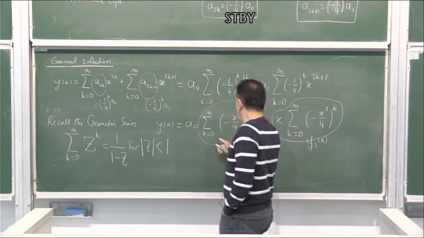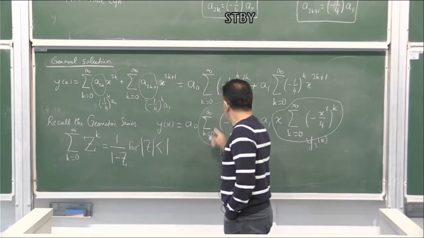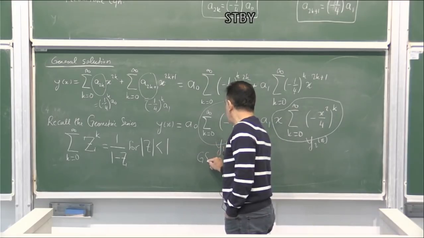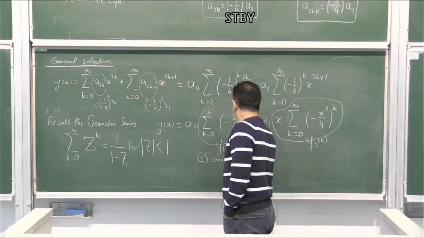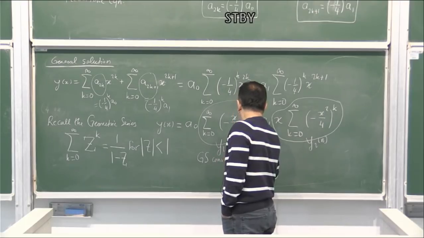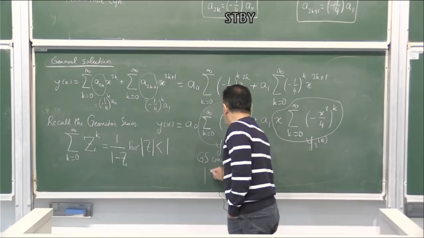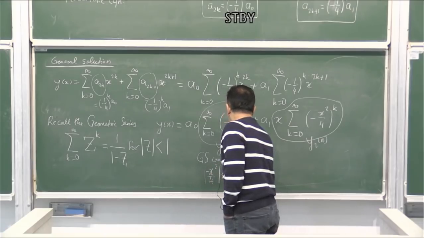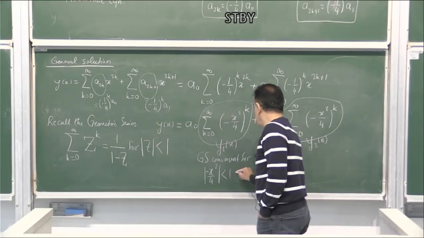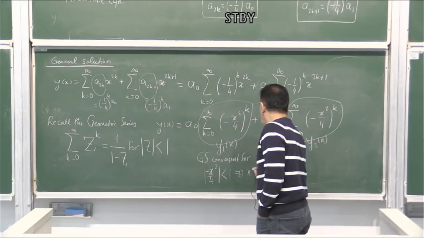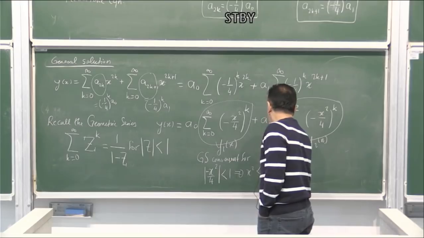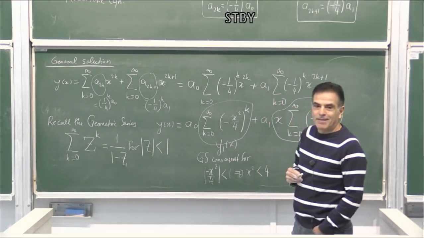So it is convergent for what? The geometric series is convergent for absolute value of z smaller than 1.